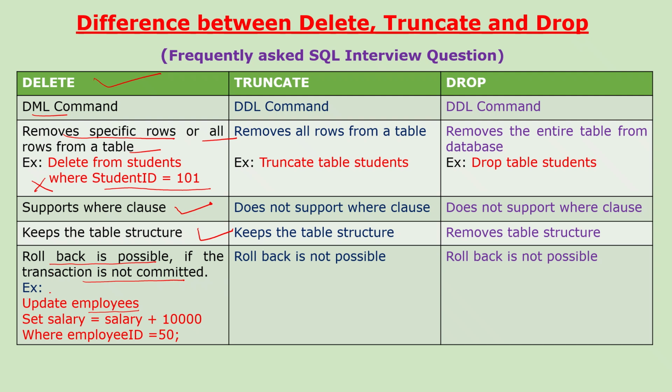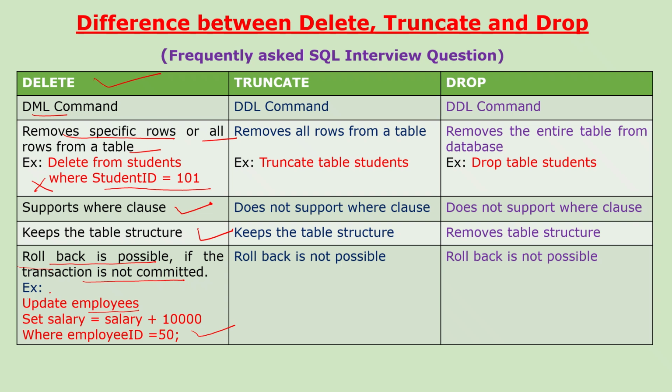Now, I don't want to update the salary of this employee. Then I can run the rollback command. If we use the rollback, then the salary update is cancelled and the data returns to its previous value. So this is about rollback and the delete command.